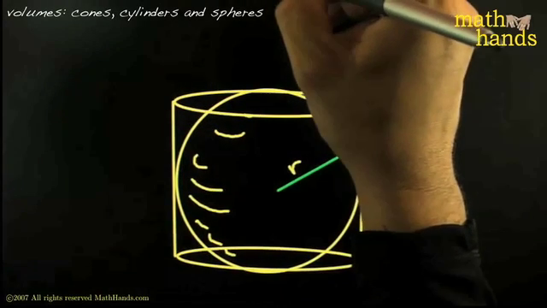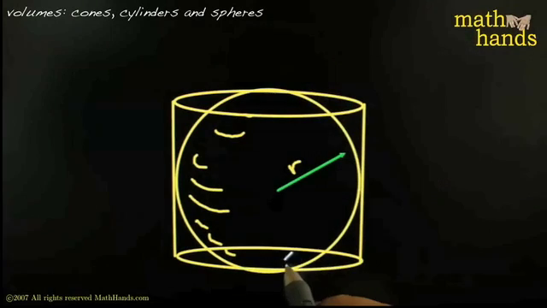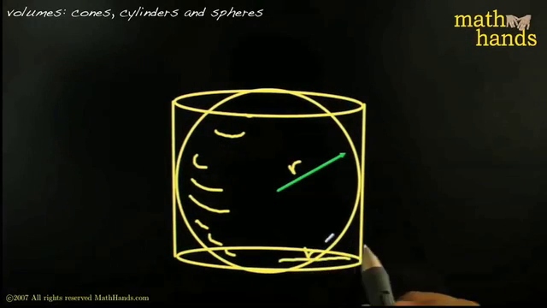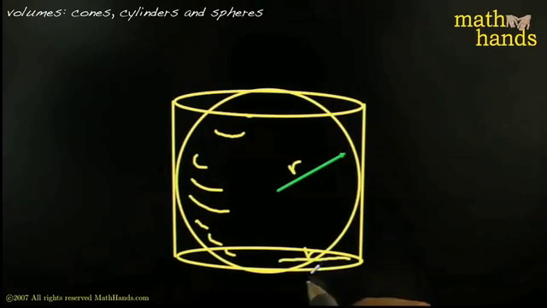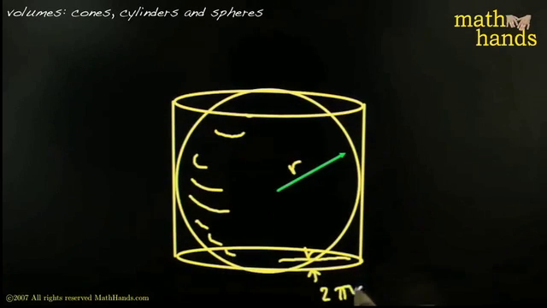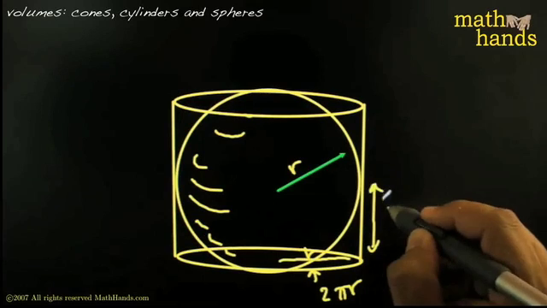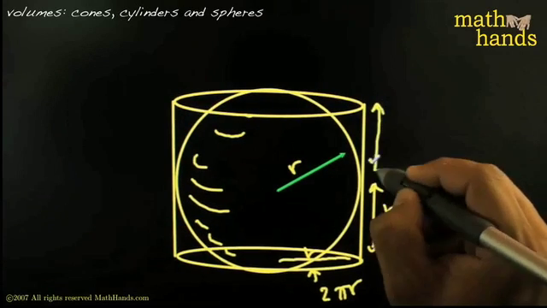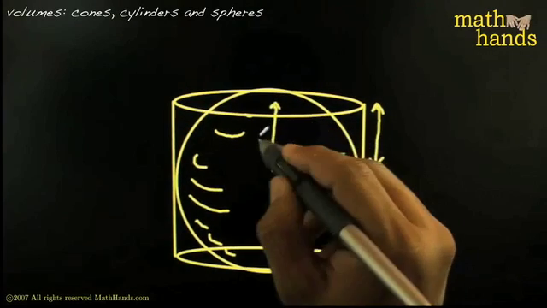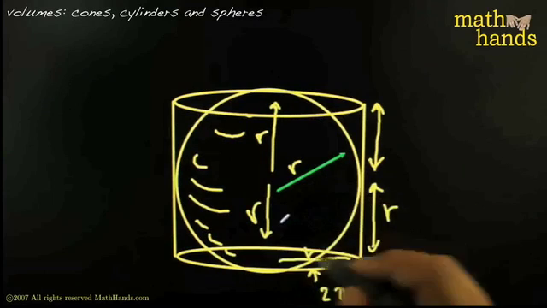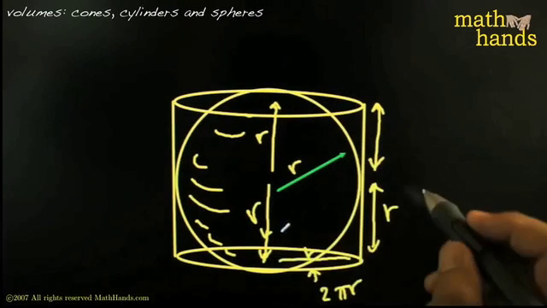The cylinder has radius r. So all the way around this is 2 pi r. That's the length of the circumference of the cylinder. And this distance right here is r, and from here to here is r, all the way to the bottom.